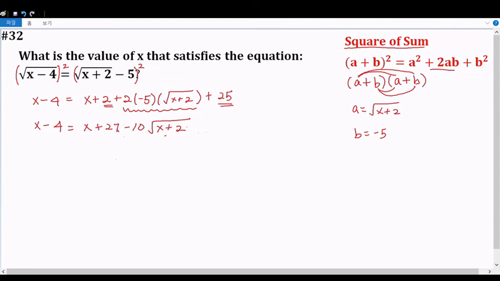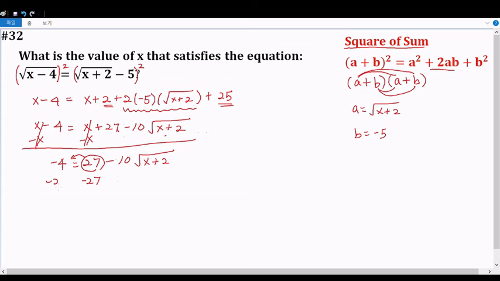Then we can get rid of the x by subtracting x on both sides. Then we get -4 is equal to 27 minus 10 square root of (x plus 2). Now we can move the 27 to the other side by subtracting 27 on both sides of the equal sign. Then we get -31 equals -10 square root of (x plus 2).